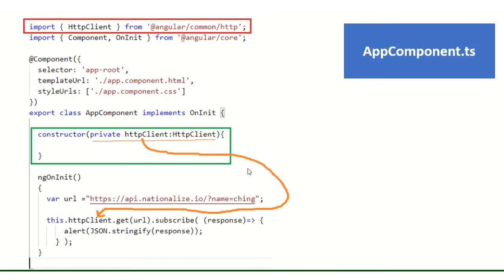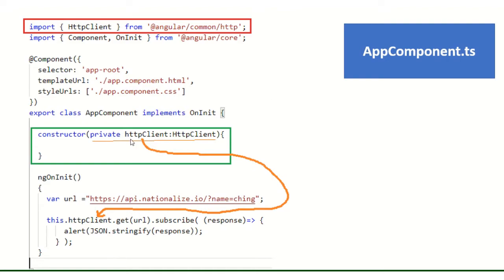app.component.ts. This is the app component.ts. Here we are importing HttpClient from @angular/common/http, and in the constructor we are injecting this module. This is the HTTP service in Angular to call a web API.